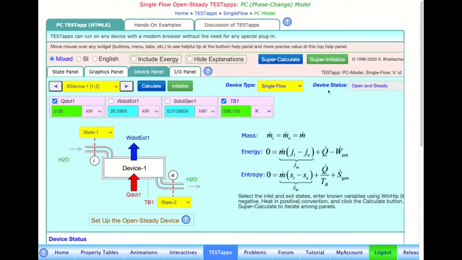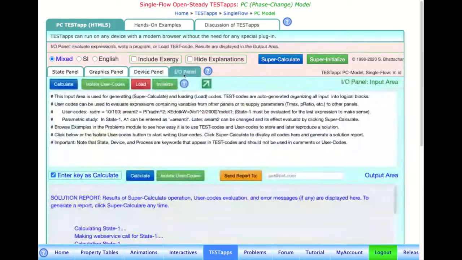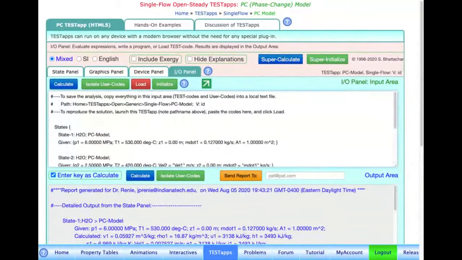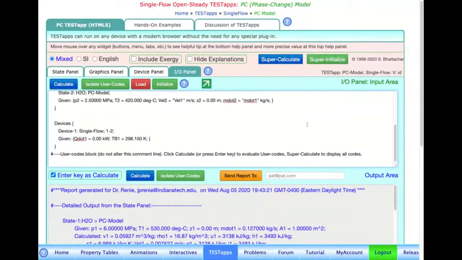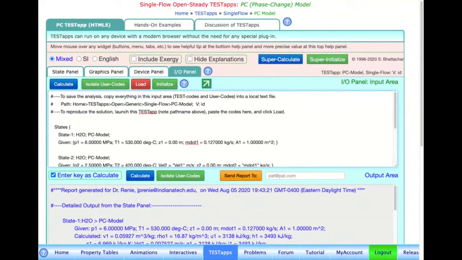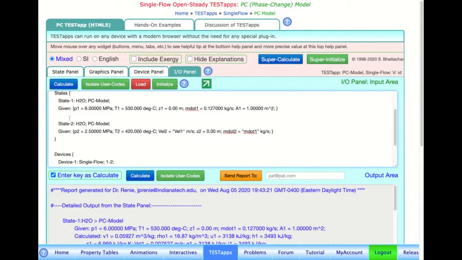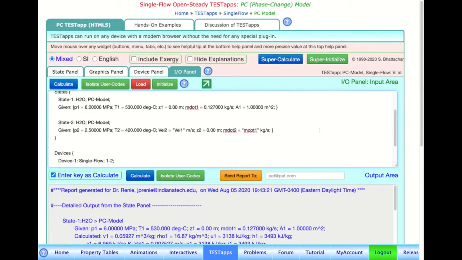Now we need to figure out how to get to the information that we need to present to me, the teacher, to be graded. So the next step is to go to the I/O panel and just do what's called a super calculate. And upon doing a super calculate, you see that all of the input, this is the input area, tells you what you put in for the various states.